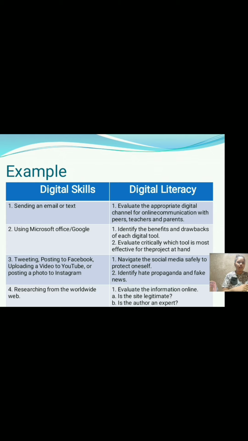Number 4 example: researching from the World Wide Web. As a student, it's really useful for us to find accurate information for our topic, especially when we go to Google, Firefox, or any search engine site. With that, we also bear in mind other factors, like evaluating the information online.